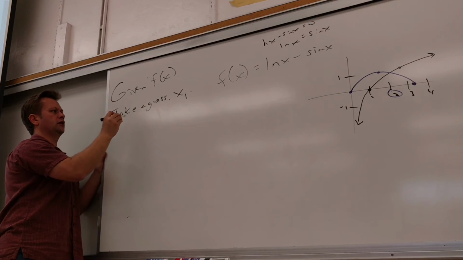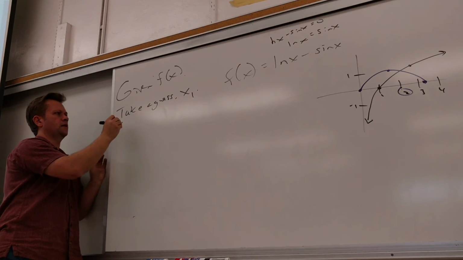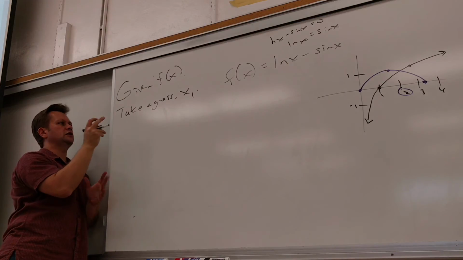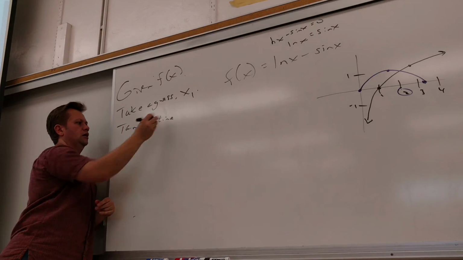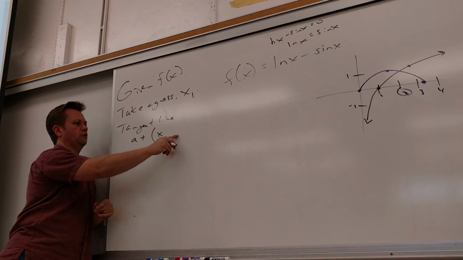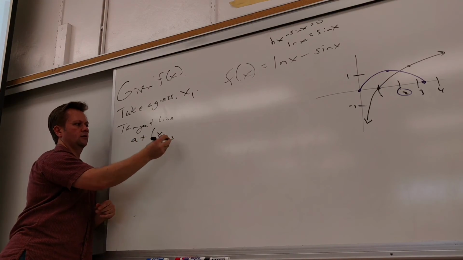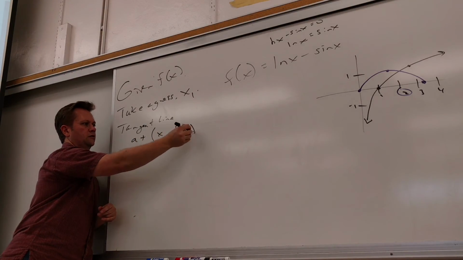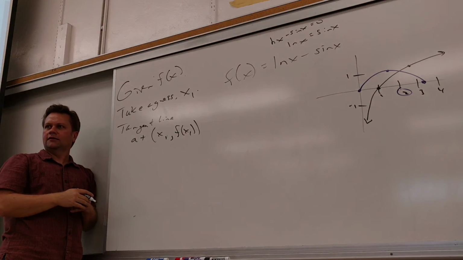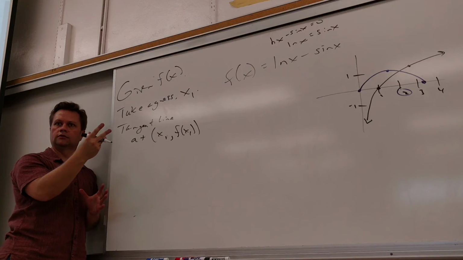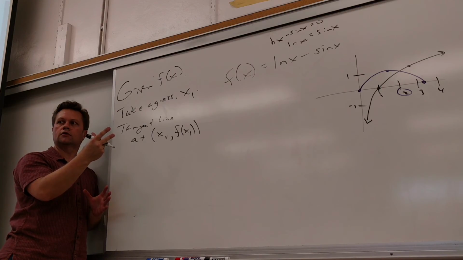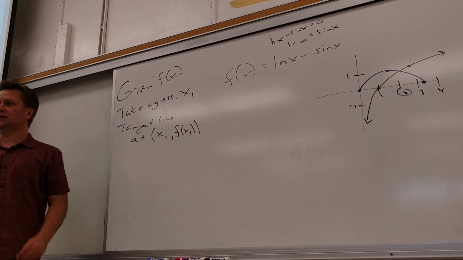So what do I know here? I want to construct the tangent line at x1. At x1 comma what? f of x1. Right, so I've got a point. What else do I need?